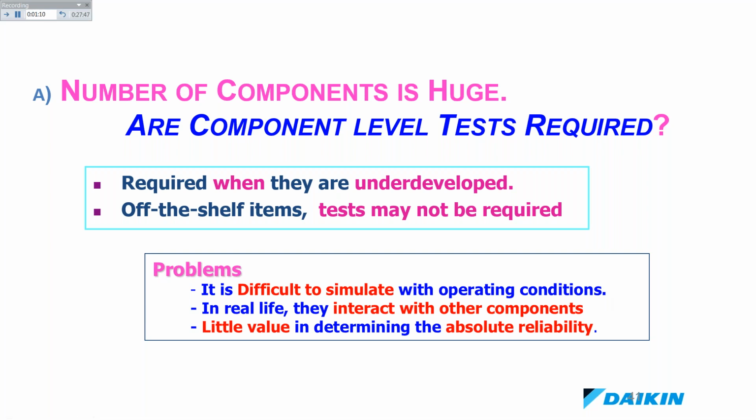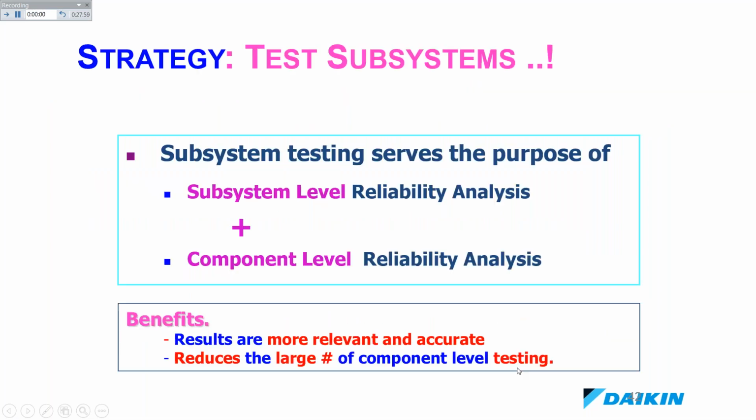The bearing interacts with other components, with the shaft, the bearing assembly, axial loads, fluctuating axial loads and radial loads. So therefore, it's of little value determining the absolute reliability.